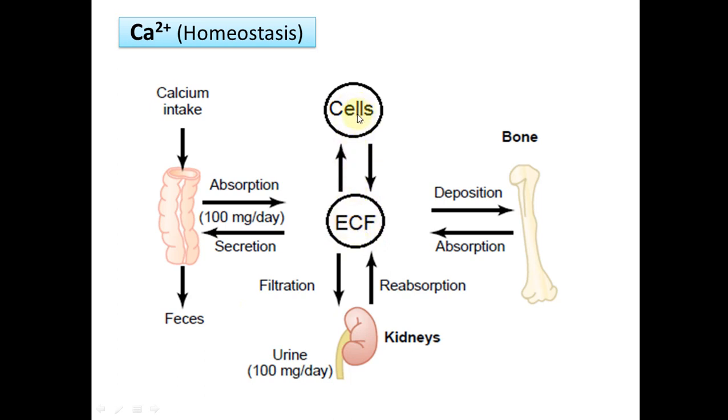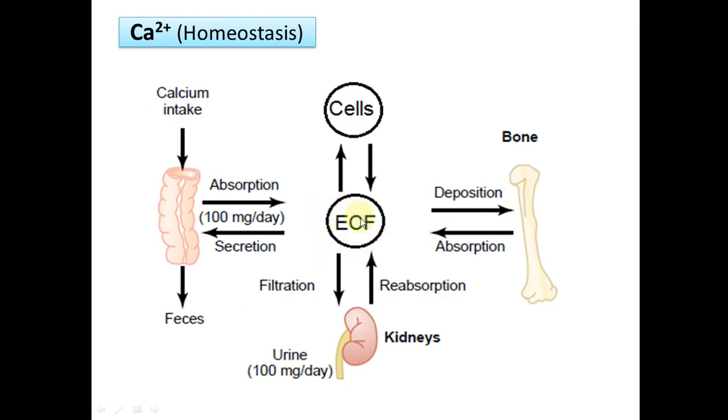It is exchanged between the cells and the extracellular fluid, and since bones are the major deposits of calcium, calcium is deposited in bones, and at the same time the osteoclastic activity continues during bone remodeling, and calcium from the bone is released. So the deposition and absorption of calcium in the bone are balanced.